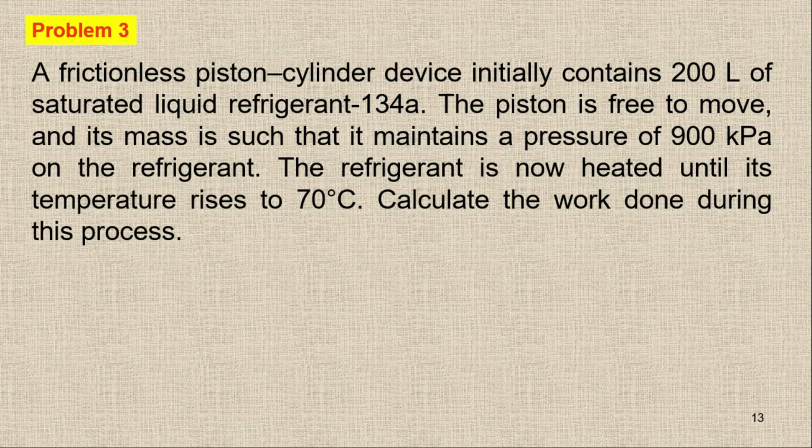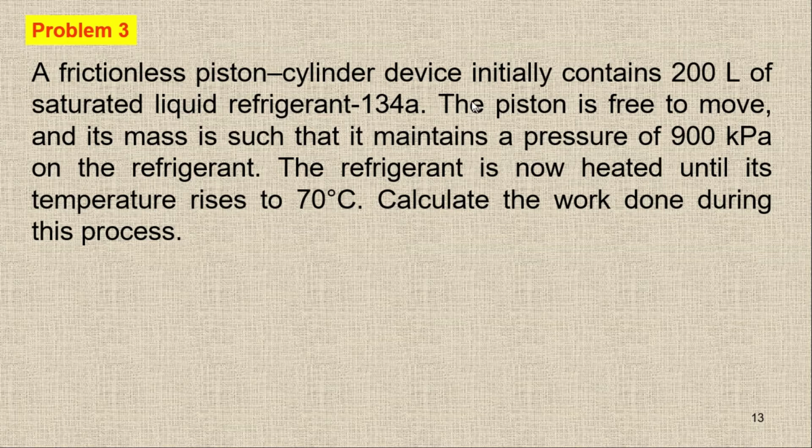What is this refrigerant 134A? This is a pure substance. Like water, you will get different pure substances in your course, and one of them is refrigerant 134A. For refrigerant 134A, we have tables A11, A12, A13, and you have to use them as we were using for water.